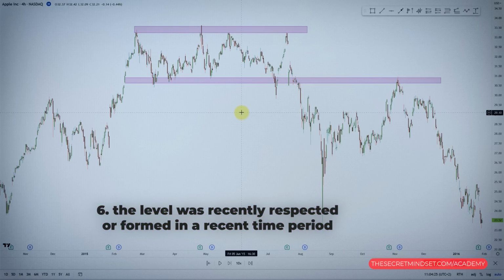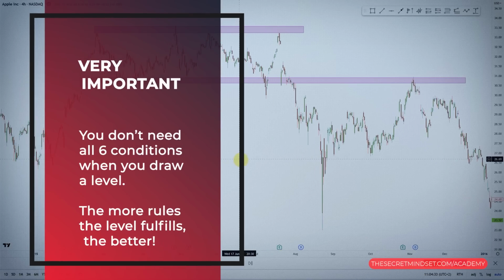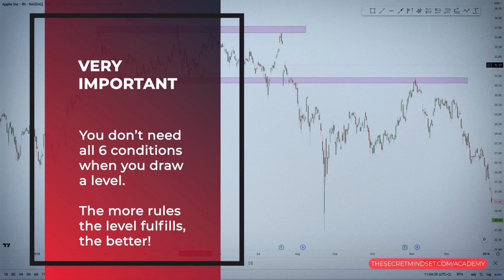And the level was recently respected or formed in a recent time period. Now, very important, you don't need all these conditions when you draw a level. The more rules the level fulfills, the better, but you don't need the level to check all 6 conditions.